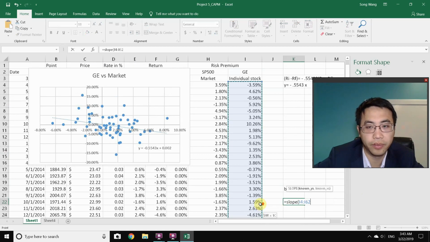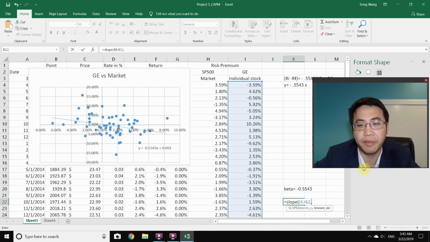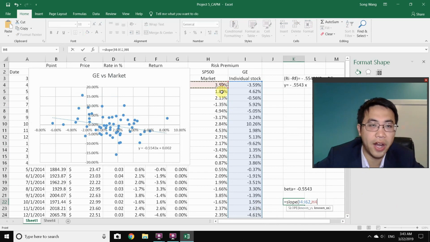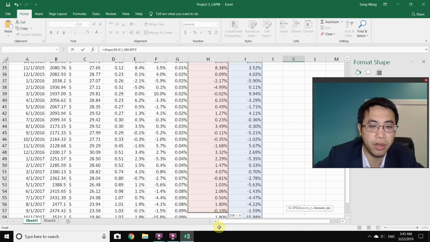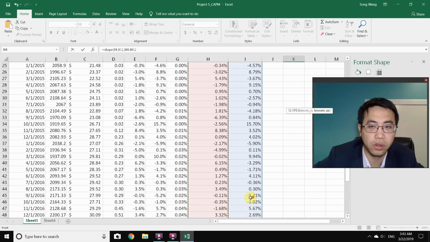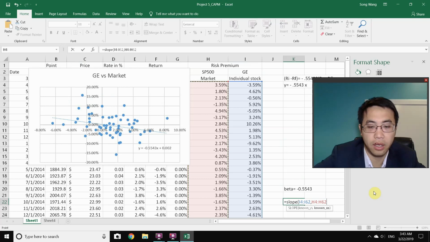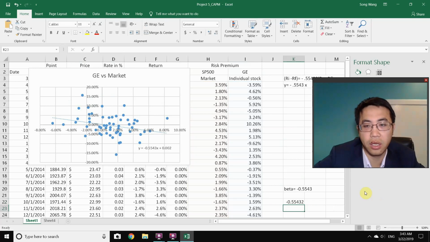Okay, just select them all and separate by comma. All right, and then my x values would be the market risk premium. Okay, and then close the parentheses, hit enter. As you see, the slope is a negative 0.5543, which is exactly as given by the chart best fit line.